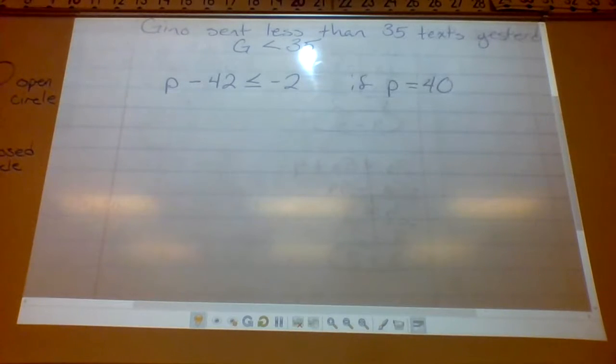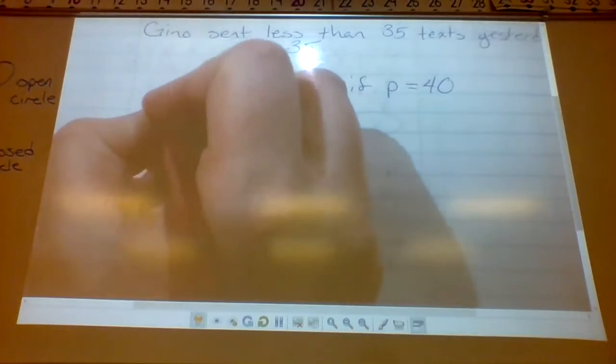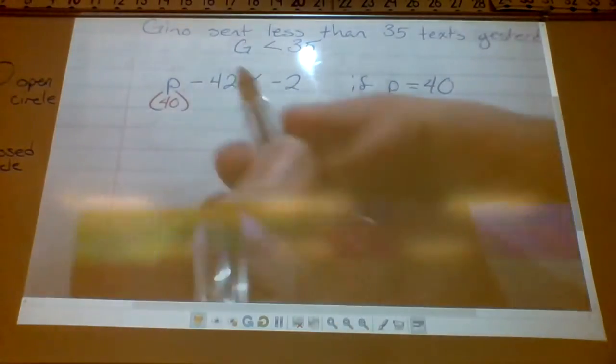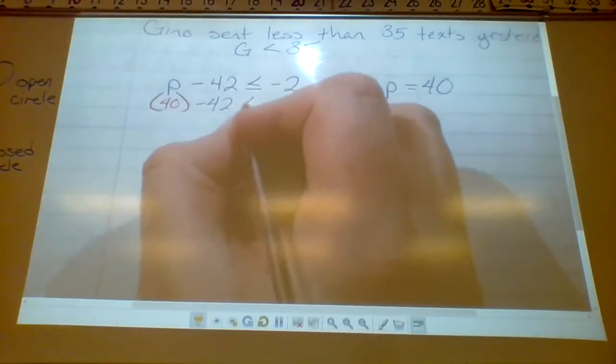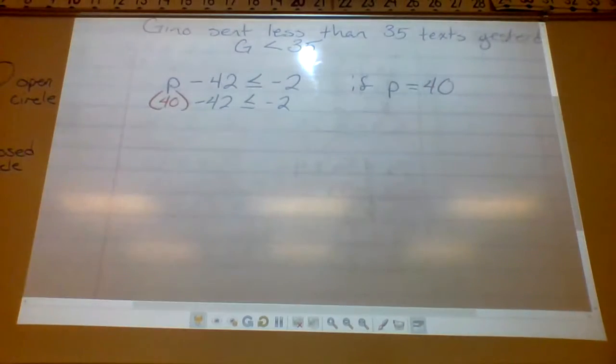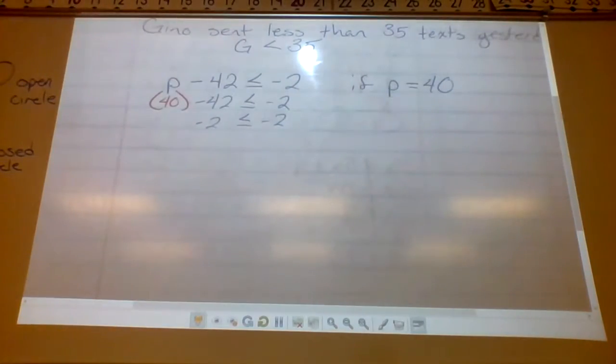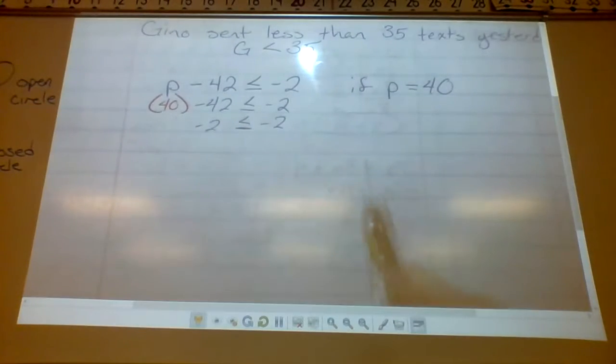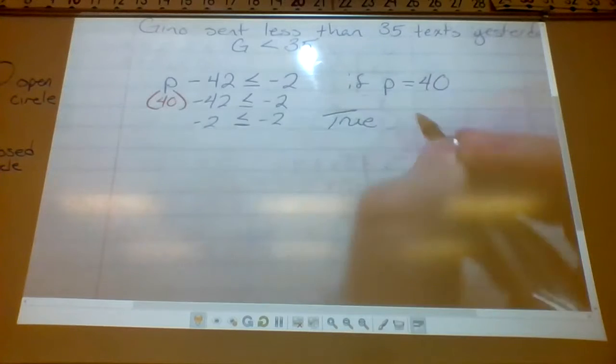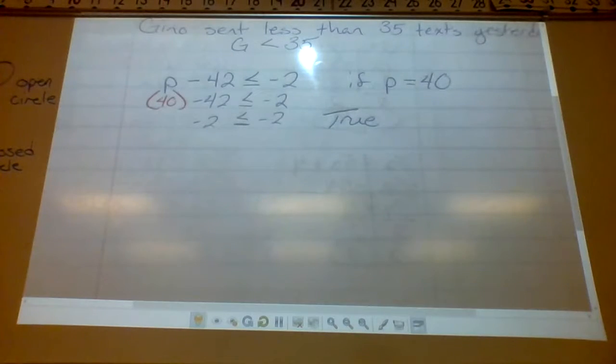Except, do we use the word replace? No. What is that called? Substitute. There you go. We substitute the 40 for the P. What is 40 minus 42? -2. How do you know that's true? -2 is not less than -2, but it's equal to, because this line says or equal to. So this one is true.